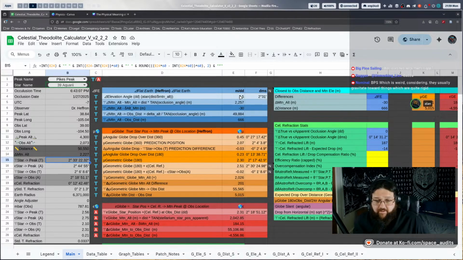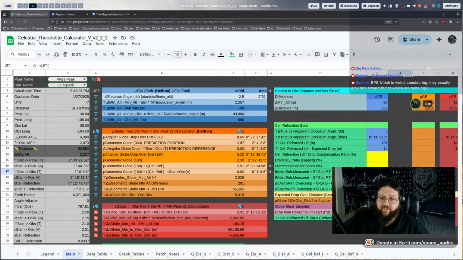Well, how did that work? Well, it was refraction. The difference between those two lifted the starlight over it until it was 2 arc minutes below the peak, and then there were not enough refraction conditions between the starlight and the peak to continue lifting it over, and it became occluded at 6:43:07 p.m.